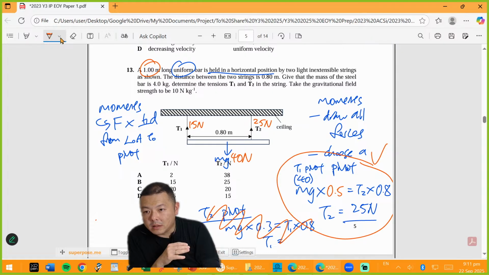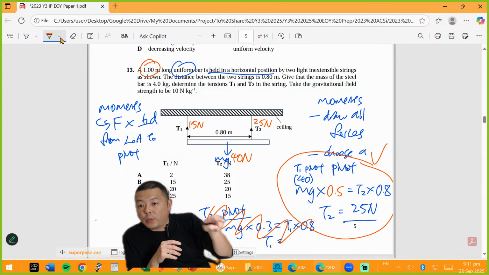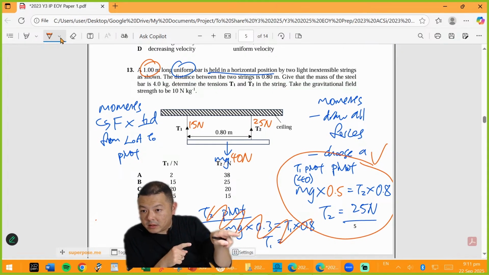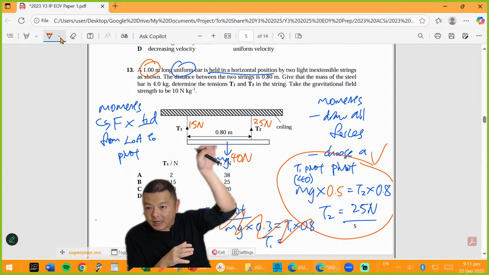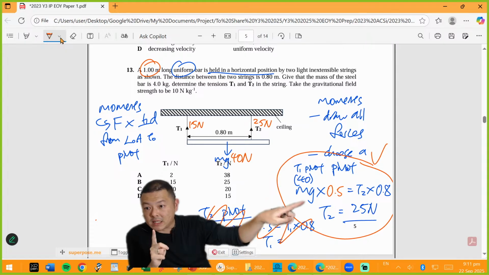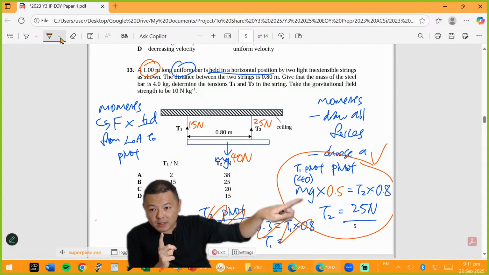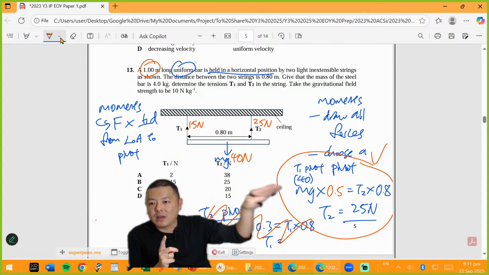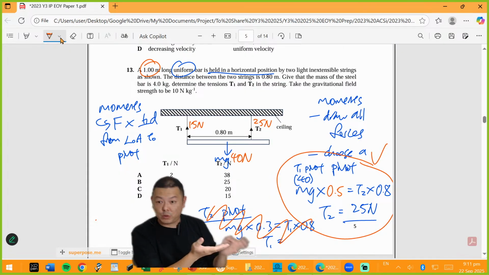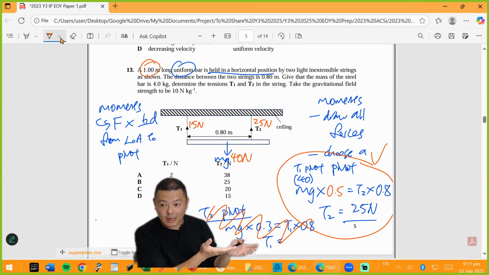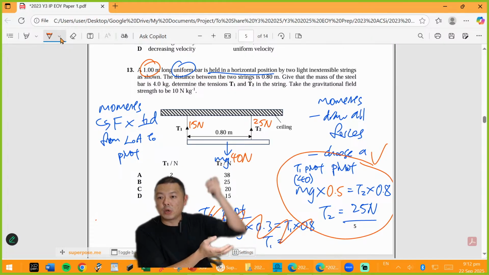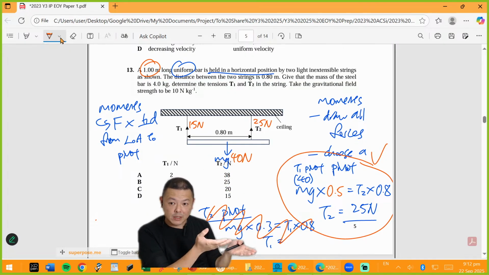You get it? You see? So we can do this method, or we can do the downwards and upwards. But we must at least do one of these. We must at least choose one as a pivot, and then after that we decide whether you want to do that or this also. That's also okay. If you want to be doubly sure, you do the upwards downwards method and then you do this method, that's fine.